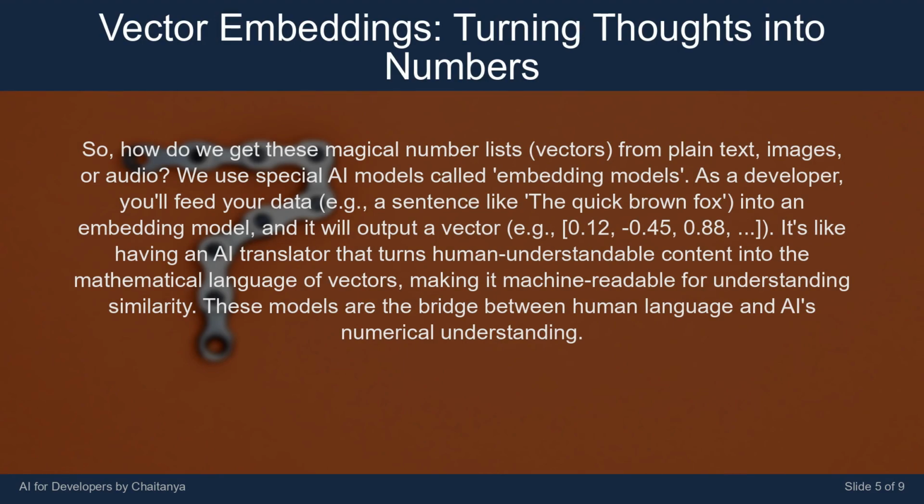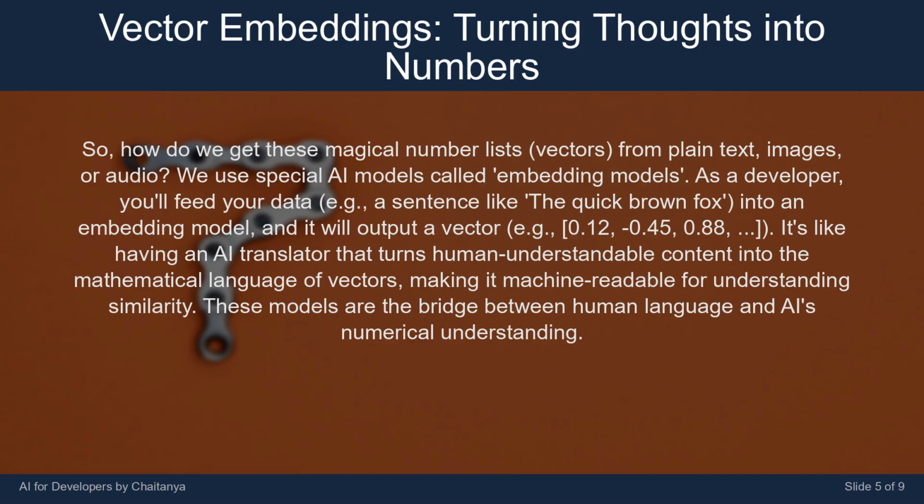So, how do we get these magical number lists, vectors, from plain text, images, or audio? We use special AI models called embedding models. As a developer, you'll feed your data, e.g., a sentence like, "the quick brown fox," into an embedding model, and it will output a vector, e.g., 0.12, -0.45, 0.88.